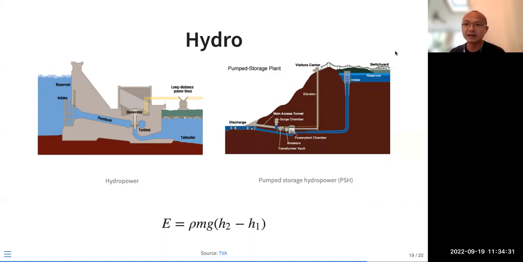People have to be relocated if they are in the flooded zone. The dam also creates ecosystem impacts for fish and other species that rely on the river for their survival. So it's debated, it's controversial, but it's an important renewable energy source.